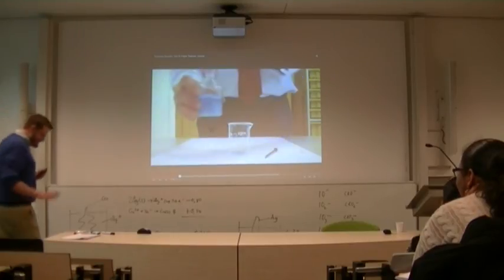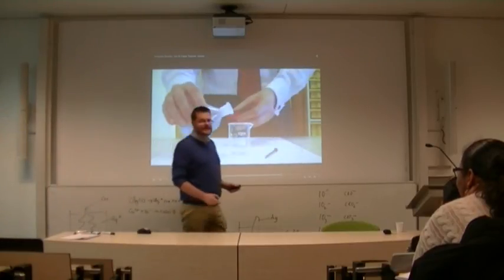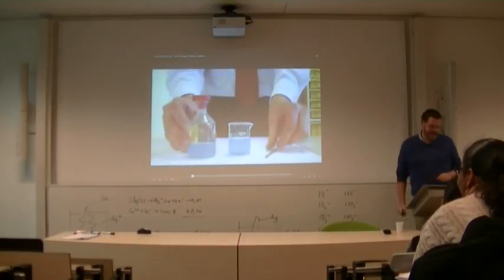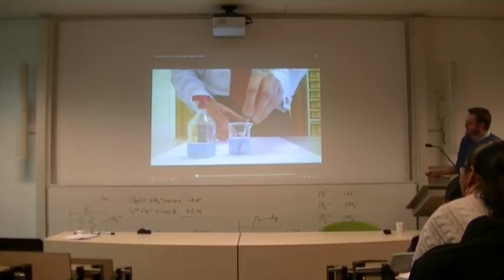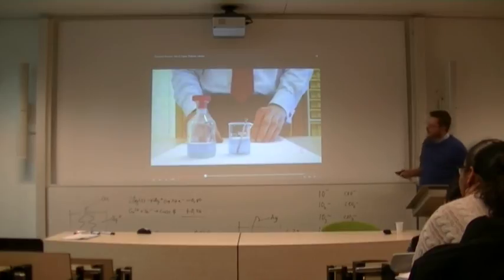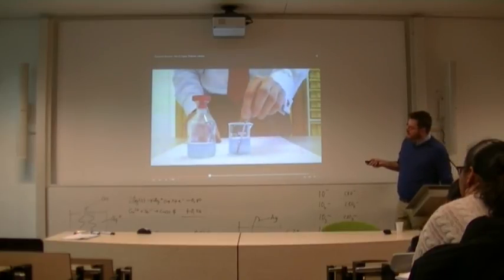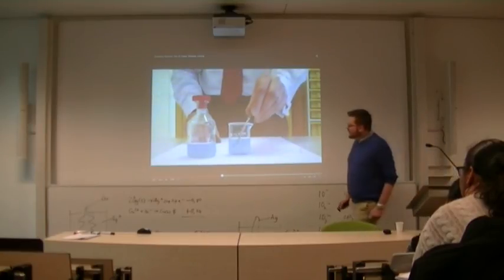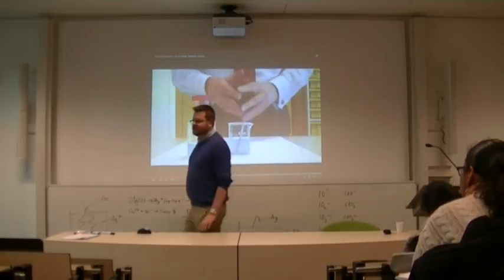That's the reason why I decided to work at a university, by the way. The thought of wearing a suit and tie every day is something I can't contemplate. He puts an iron nail in a copper sulfate solution, and look what happens. This is absolutely remarkable. Look at that. It immediately gets plated with copper metal.